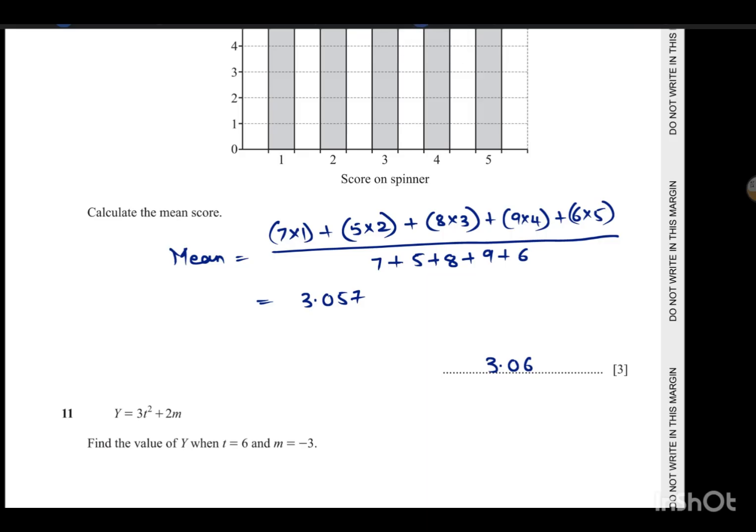Question number 11. y is equal to 3t squared plus 2m. Find the value of y when t is equal to 6 and m is equal to minus 3.